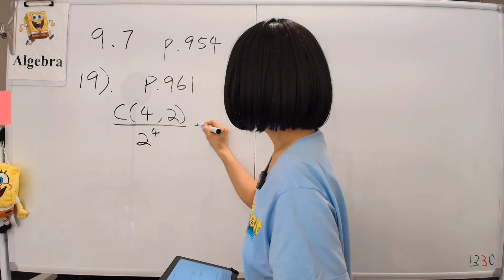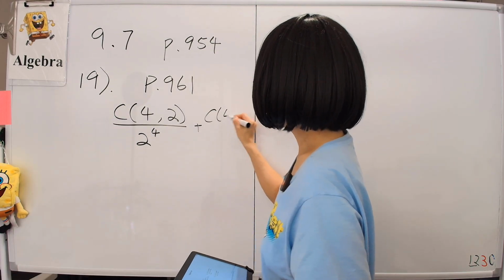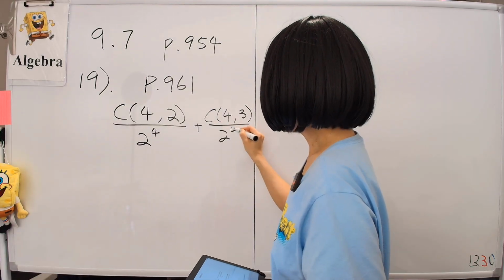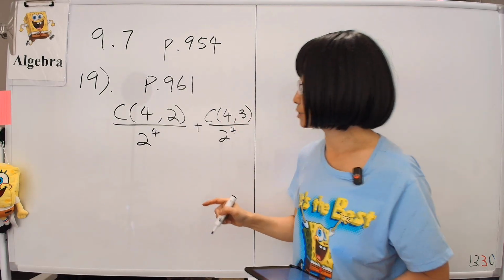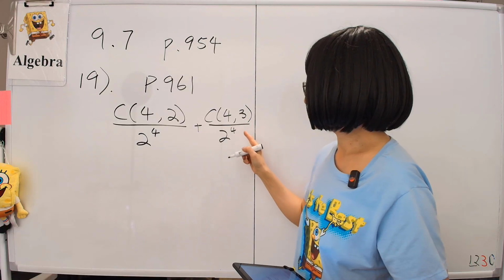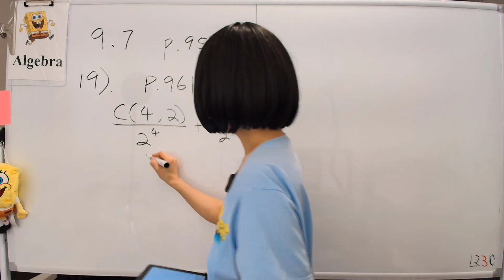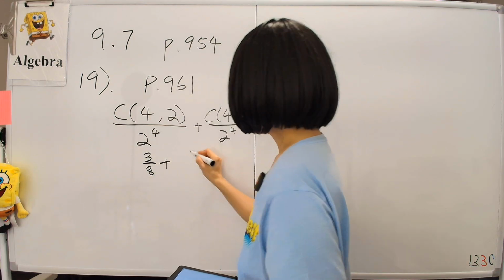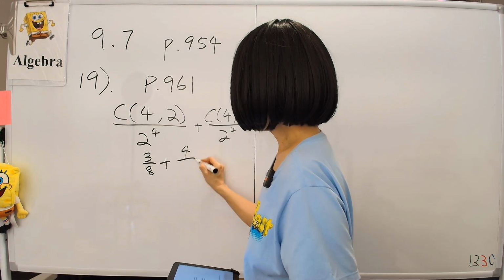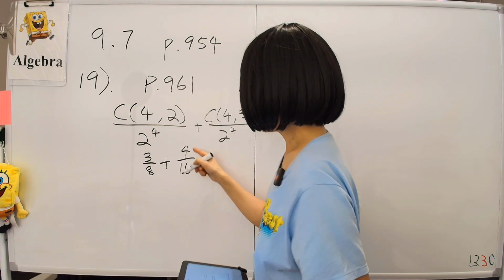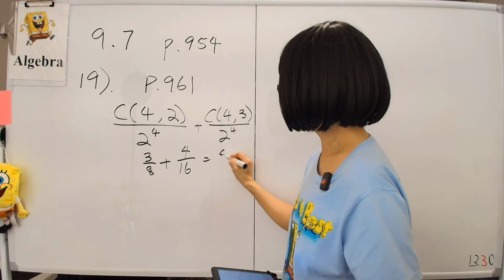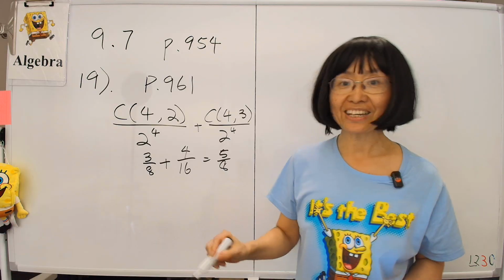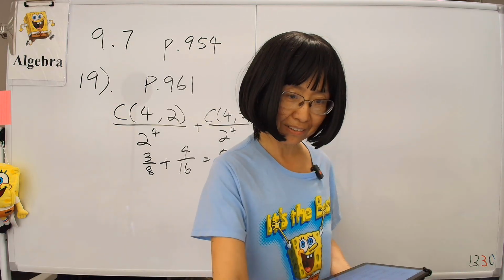Add the same thing, 4 choose 3, divided by the same thing here. Now 4 choose 3 is just 4. And so this is equal to 3/8 plus 4 over 16. That is 2/8. So together it is 5/8. And that should be the answer. Yep, it is. So far so good.